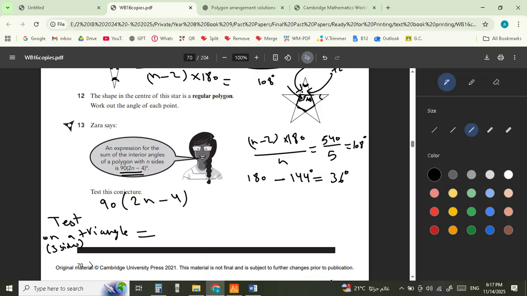It equals 90 times 2 times 3. 2 times 3 is 6. 6 minus 4 is 2, so 90 times 2 is 180. So she is right. She is correct. I tested her conjecture.